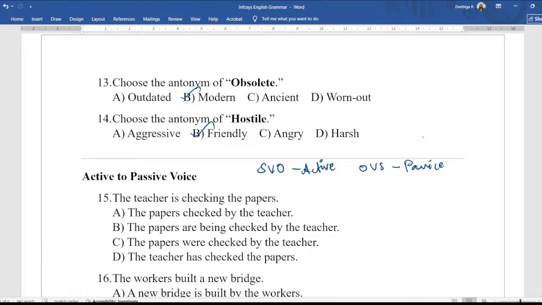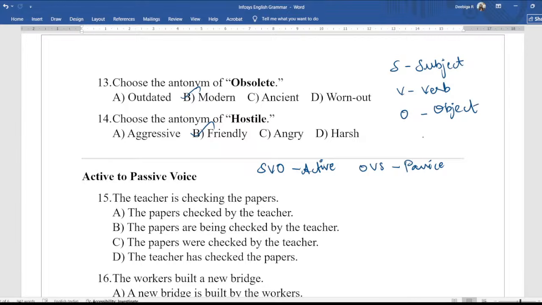What is SVO and OVS? S means subject, the person, the thing, the place that we are talking about. V is verb, which denotes the time in which we're talking about, whether it is in the past, present, or in the future. O is the object that we use to explain the situation.